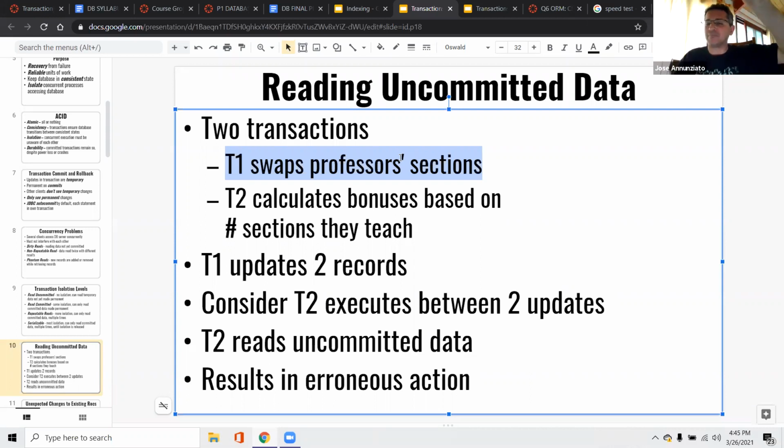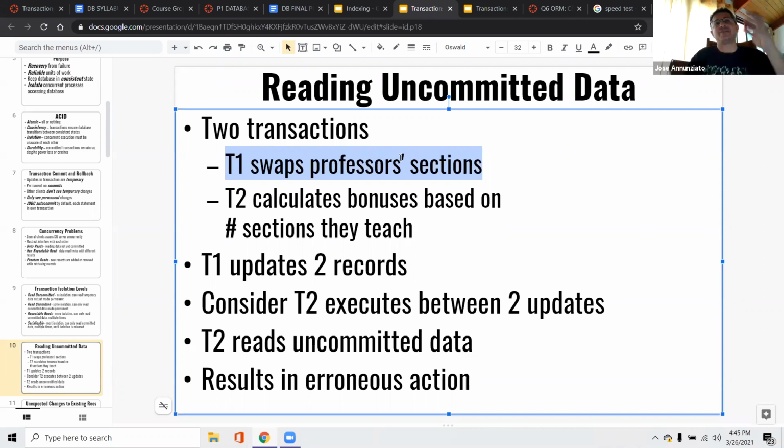But swapping means that I need to unregister one of the professors, and then register the other professor, and then register this one over here, right? So I need to swap them. But meanwhile, while I'm changing and unregistering one of the professors from one of the sections, at the same time I have another algorithm that's calculating the year-end bonuses, because I want to give my faculty bonuses based on the number of sections that they teach.